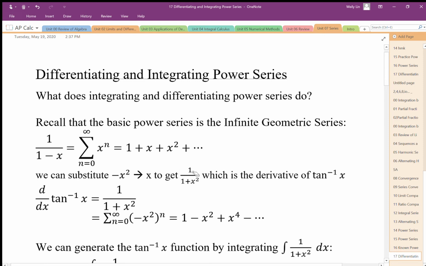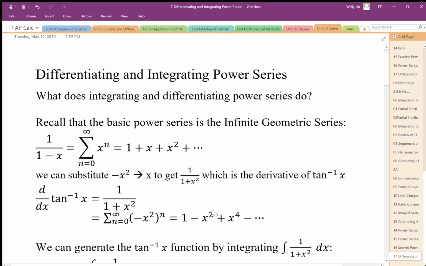And this happens to be the derivative of the arctan of x. So if this is the derivative of arctan of x, we basically have a series that represents it, which is essentially when we substitute the negative x squared into our basic power series, we're going to get this function here.